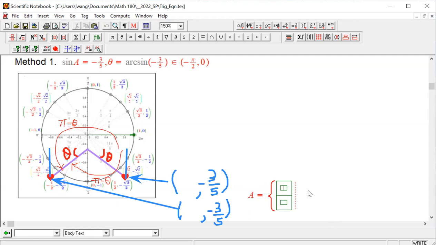But anyway, the first one is theta plus 2k pi. That's very easy. The next one I'm going to use is pi minus theta plus 2k pi, where k is an integer.